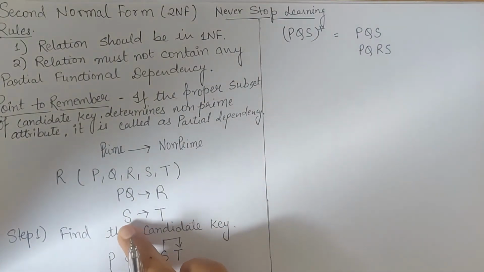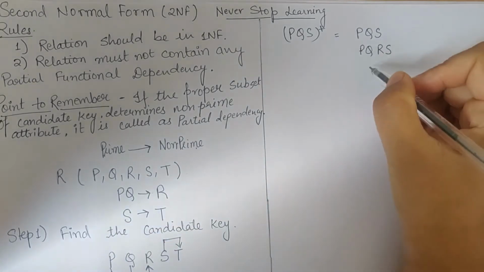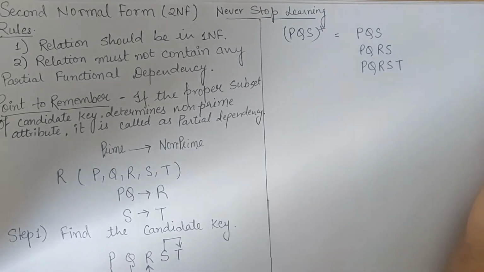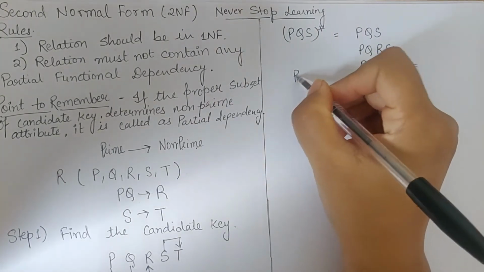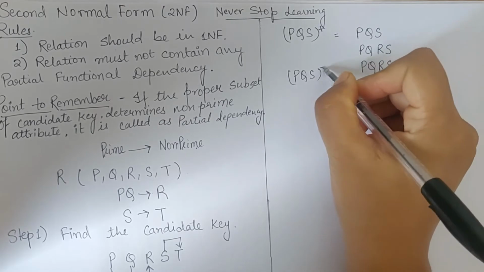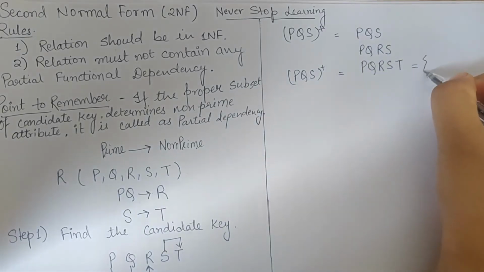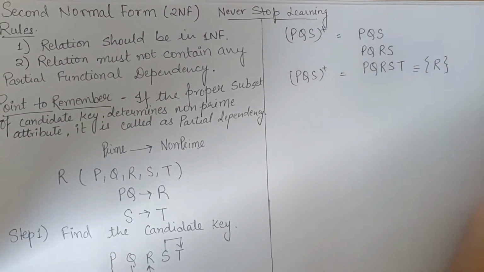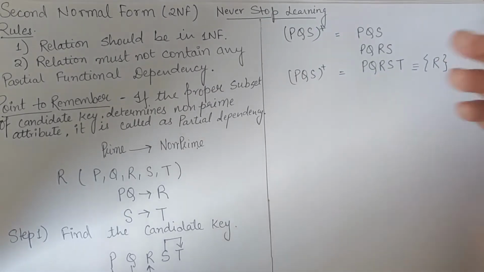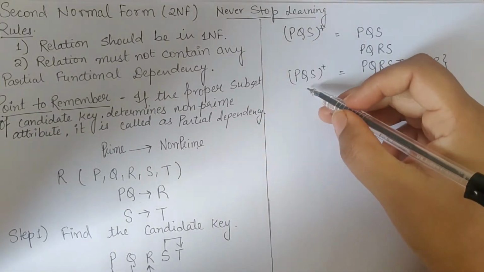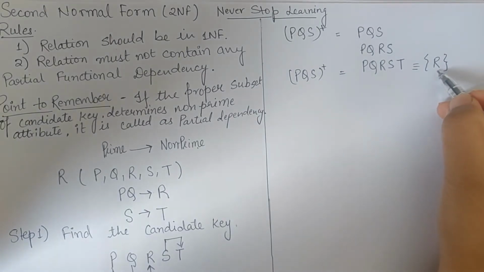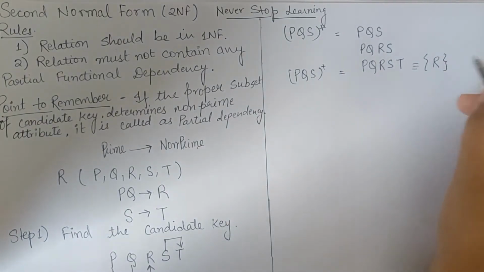Then another one is S determines T. So I can write P, Q, R, S and T. That's it. That means the closure of PQS has the power to determine the entire relation R, because this relation R consists of P, Q, R, S, T, 5 elements, and we got all those 5 elements, right? So PQS has the power to determine each and every element of this relation R.